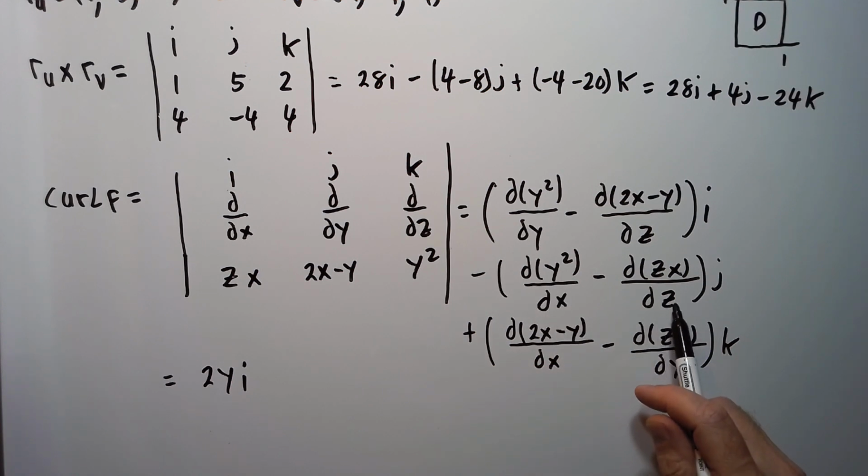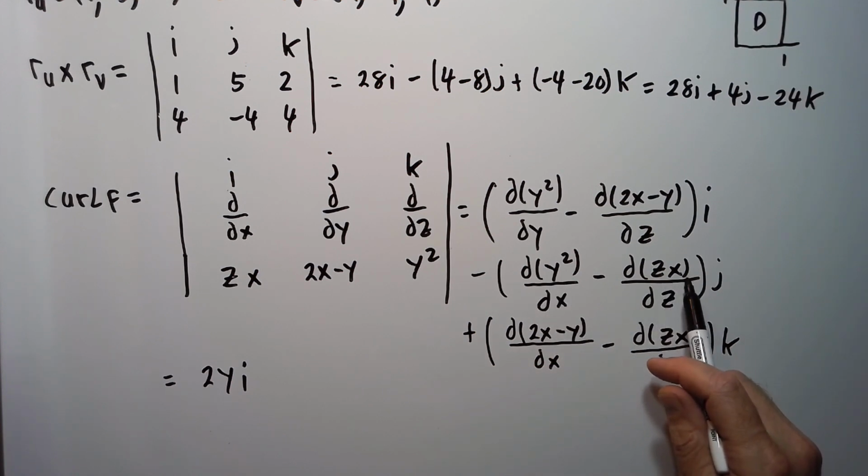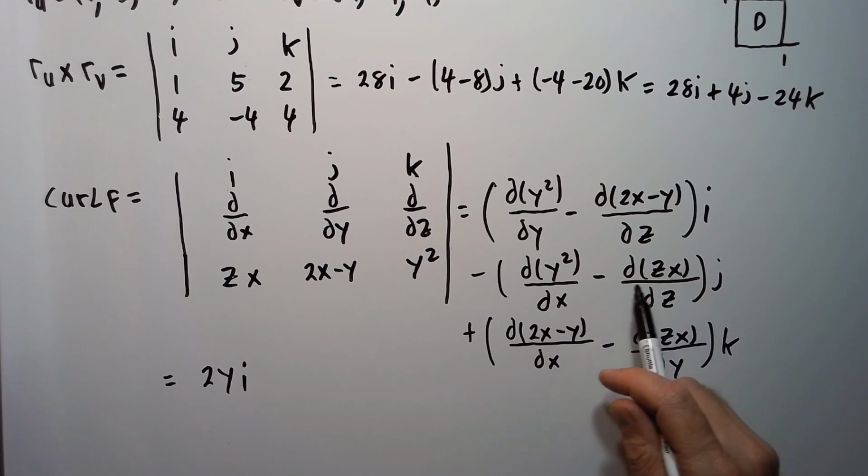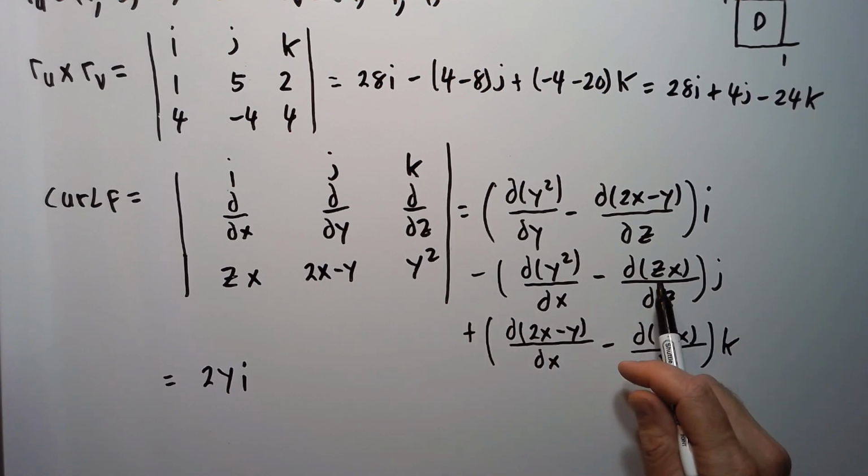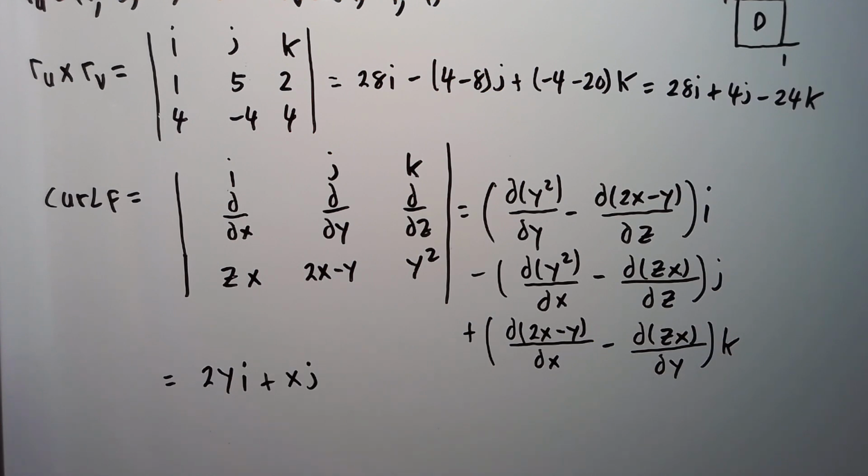Partial z operator acting on zx will just be x, but there's going to be 2 minus signs, so it'll be plus x here. Okay, so I've written it here. And then lastly, partial x operator acting on 2x minus y, that would be just 2 on that one. Partial y operator acting on zx would be 0, so it's going to be 2k here. Okay, so here's my curl.